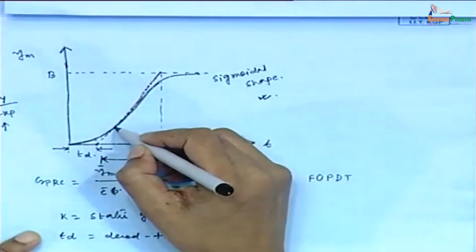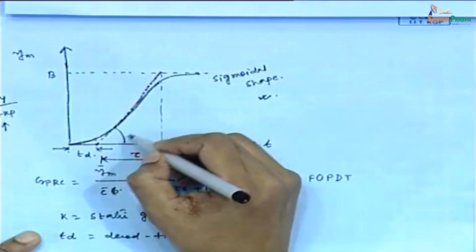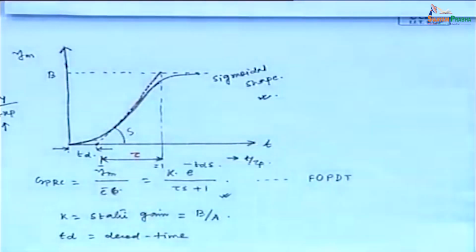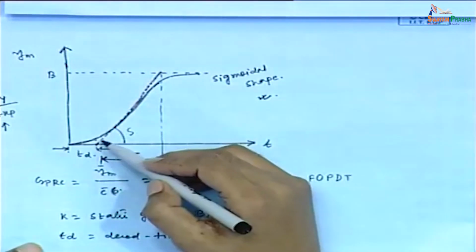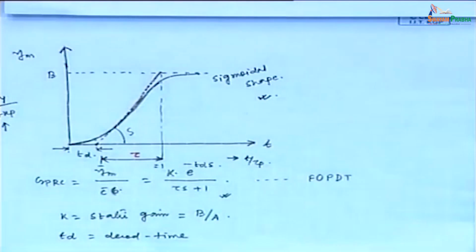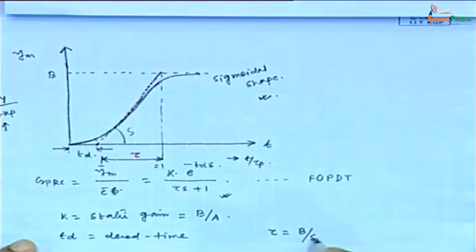If we consider the slope of this tangent is s, then we can write tau equals b by s. Can we write?